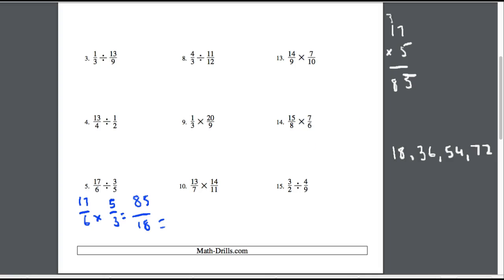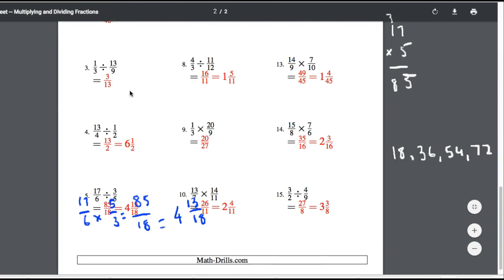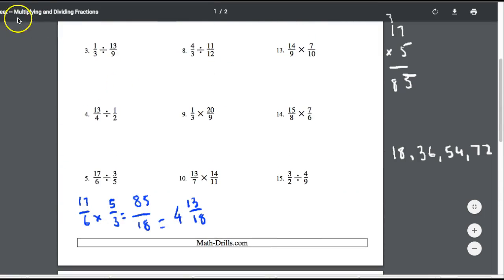Okay, so we can't go any further. So that means we got four lots of 18, and the remainder is 13 over 18. Okay, I'm just going to check whether that's right. Question 5. Beautiful. Okay. So I'm exactly like you, checking my answers.